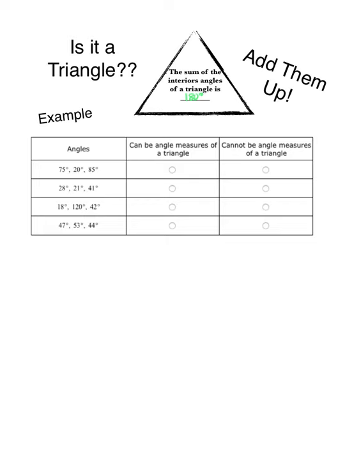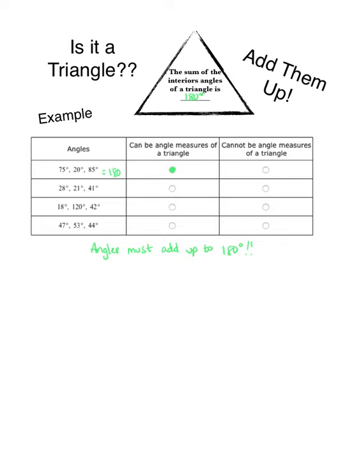The angle measures must add up to 180. It's that simple. Okay, so I'm going to get my handy dandy calculator out. 75 degrees plus 20 degrees plus 85 degrees equals 180 degrees. So they can be measures of a triangle.